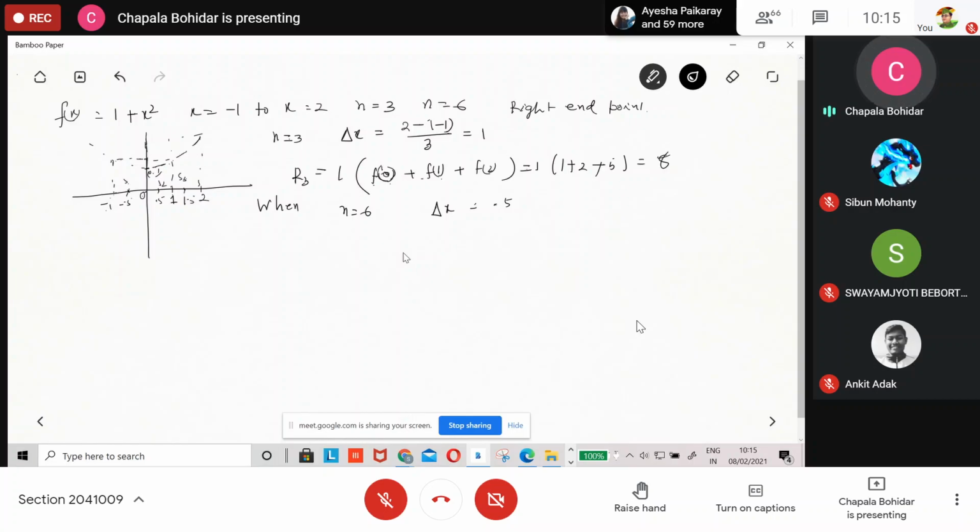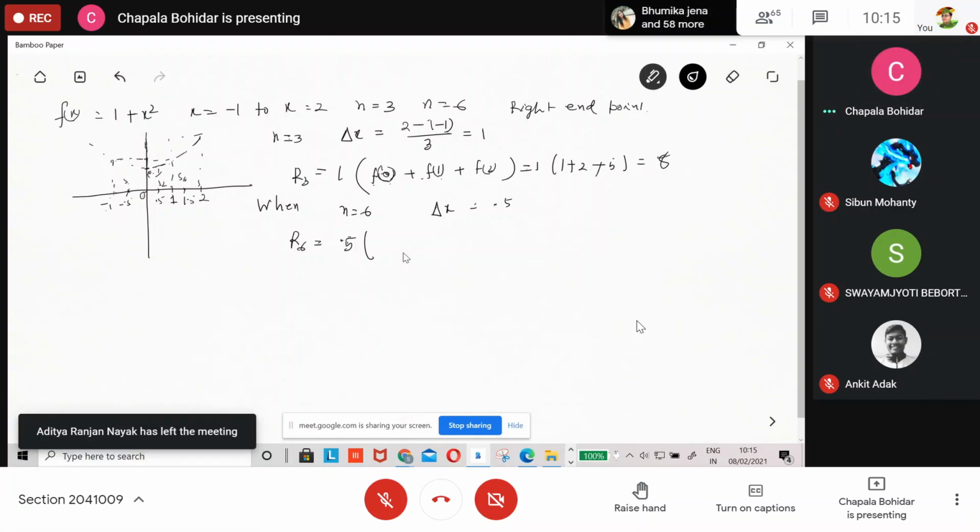So which one is our right endpoint? R of 6, tell me. The value is 0.5. Del x value is 0.5. Then what you write down? According to the n equal to 3, tell me.